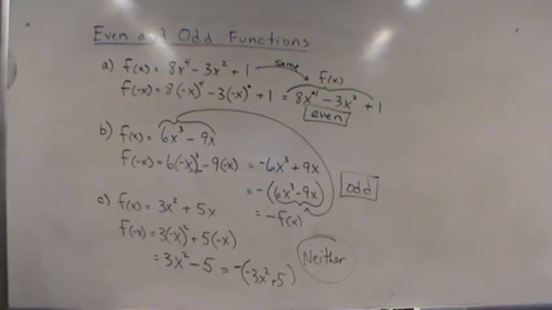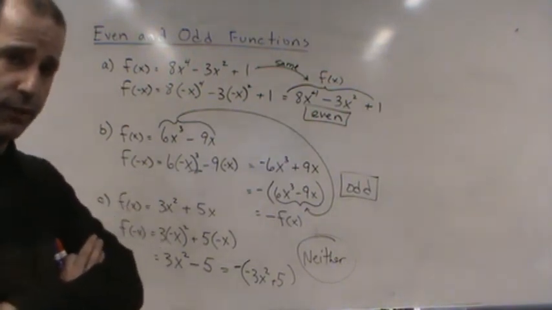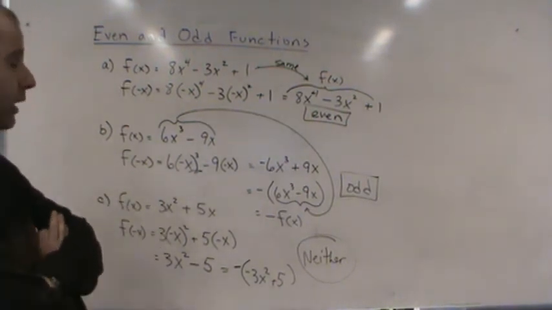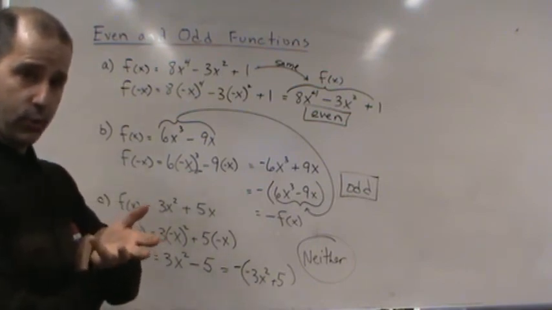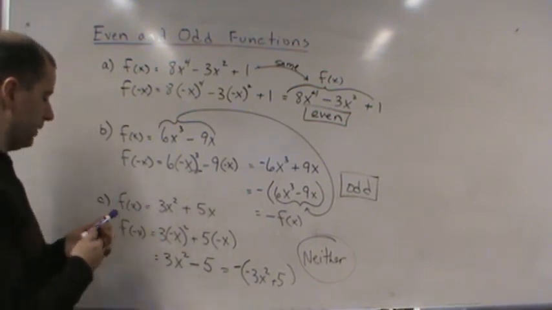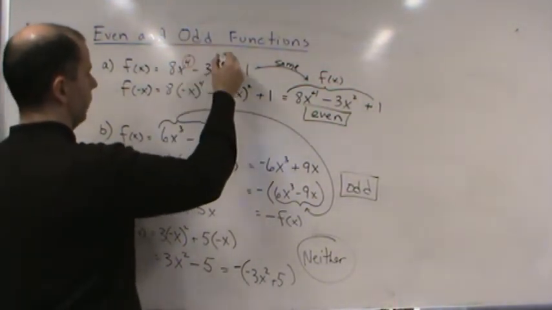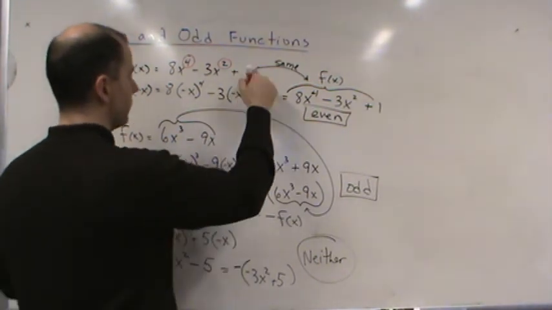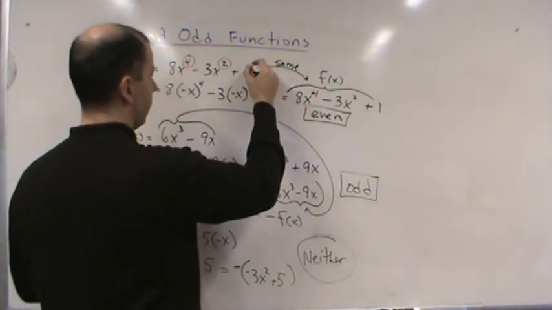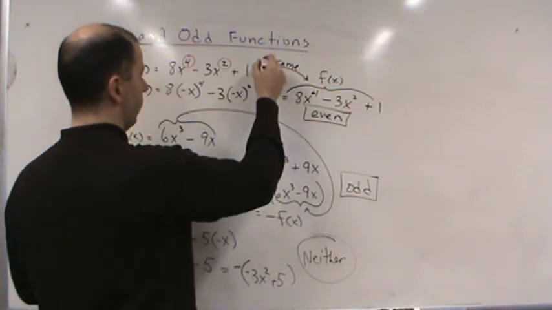Now, before I let you go, there's also another way that you can see whether these are even, odd, or neither. Look at the exponents on the terms of the polynomial. By the way, we can look at the constant as x to the 0, right?